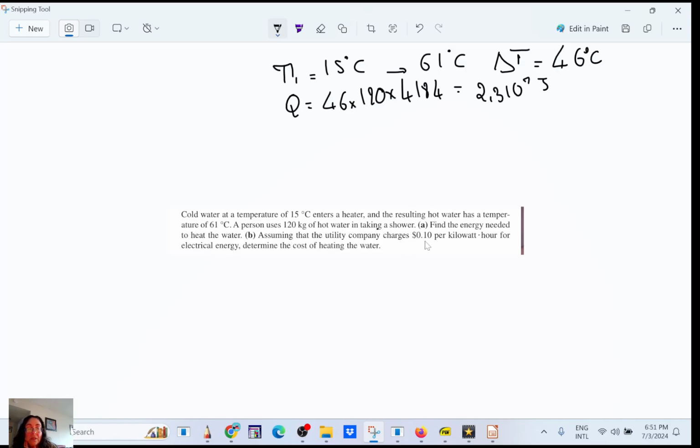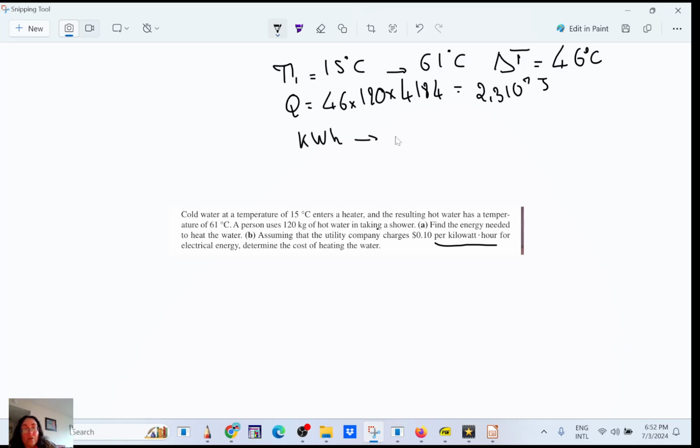Assuming that you are charged by the utility company, so that could be in Florida because electricity is very cheap over there. That could not be New York, where electricity is like 20 cents. 10 cents is very cheap. I don't think even in Florida that it's going to be 10 cents per kilowatt hour. So kilowatt hour, watt hour is a unit for energy.